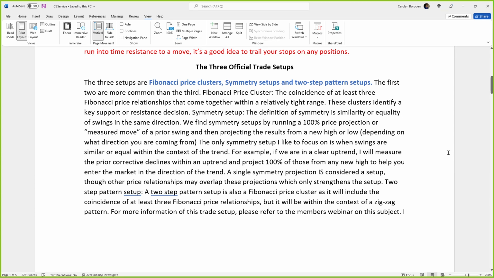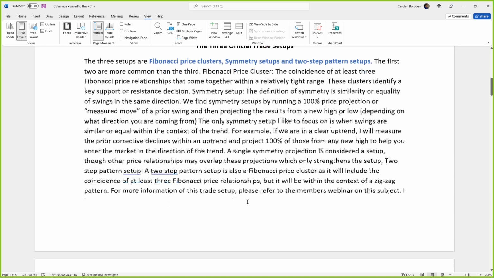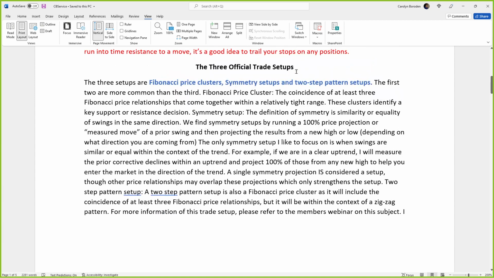It also goes over some timing, so that's definitely worth watching if you have not already seen that. Okay, so anyway, those are the three setups, and we'll see if we can find some examples. I know I'll find examples in symmetry setups and price clusters, but honestly I'm not sure if I have any two-step patterns on the board at this point.